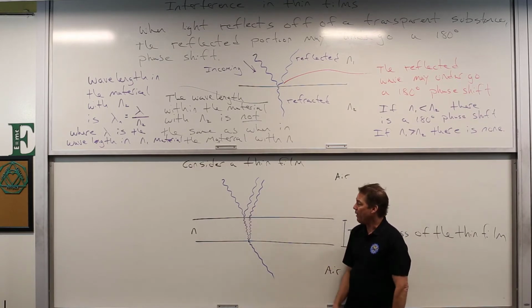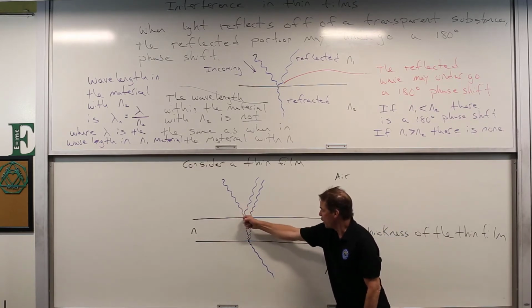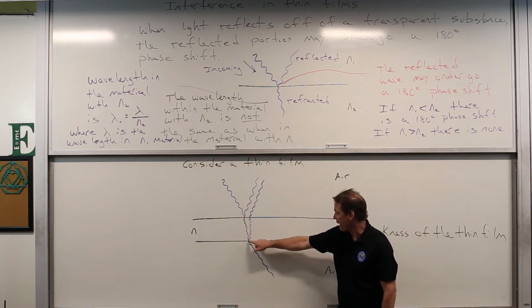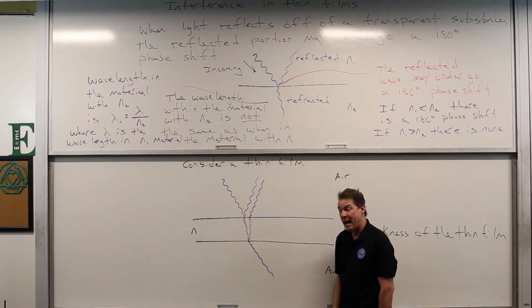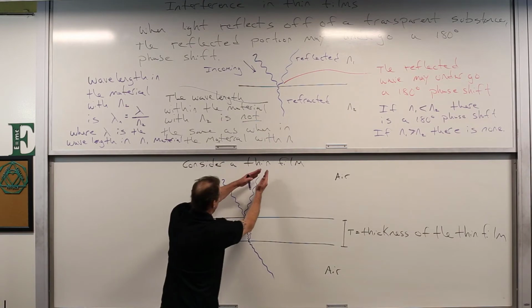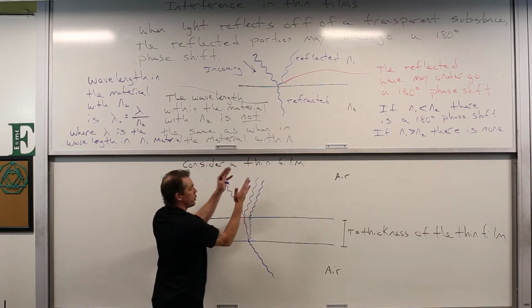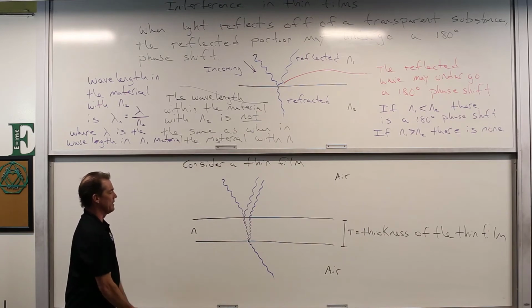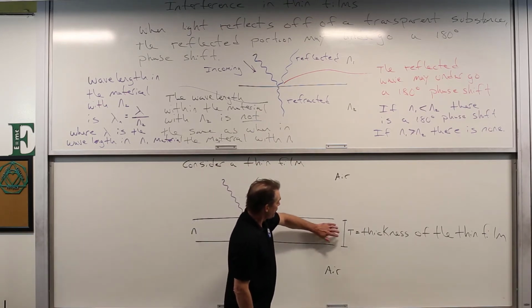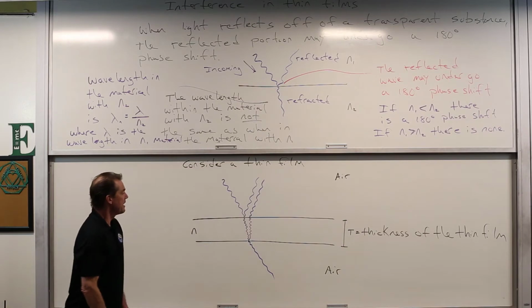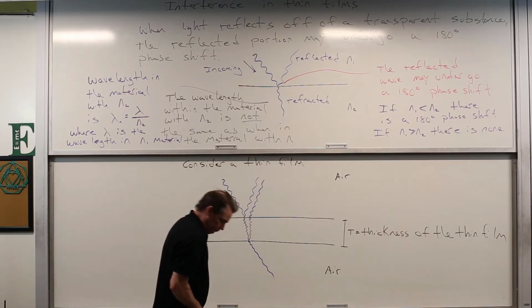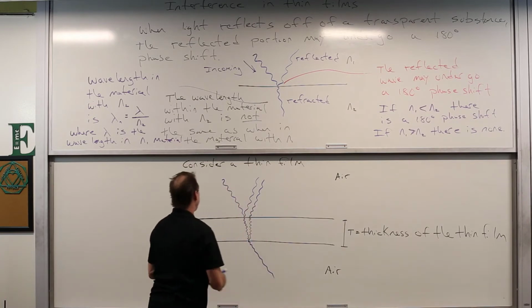But that's really a matter of what's going on here in terms of the reflection at this location, is there a phase change or not, and what's going on at this reflection, whether there's a phase change or not, and how those two reflected rays ultimately join back up and are either in phase or out of phase. So it all comes down to the thickness and the wavelength of light that's being considered. So let us take a look at that.